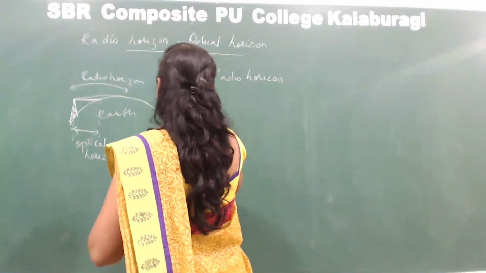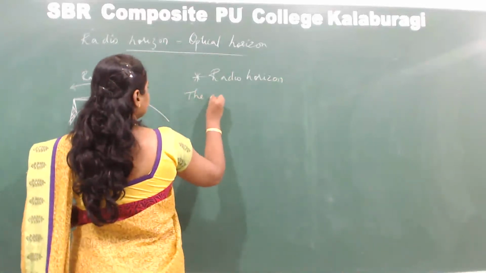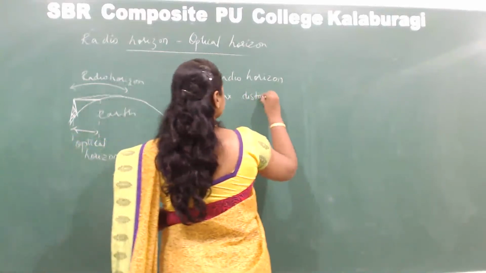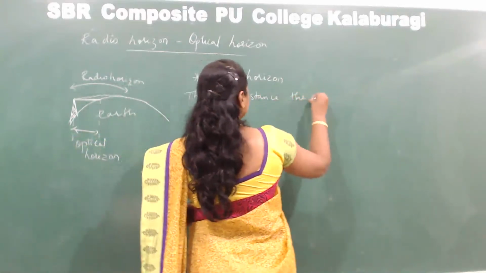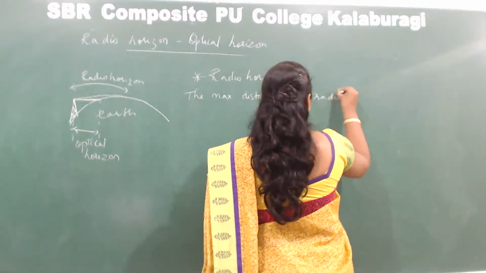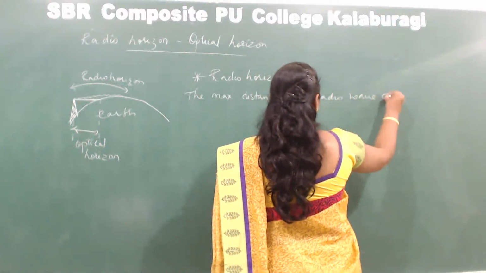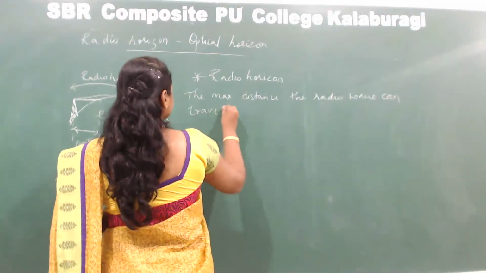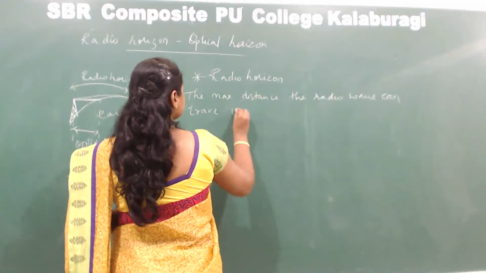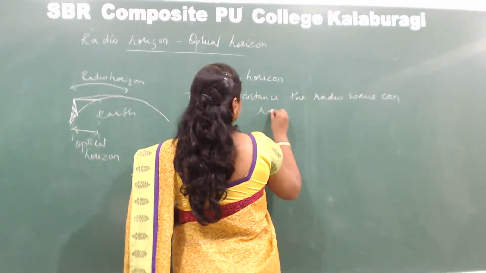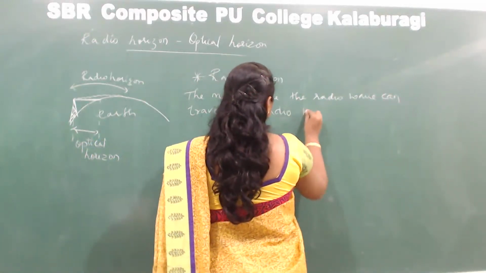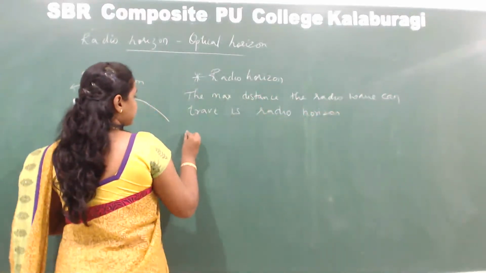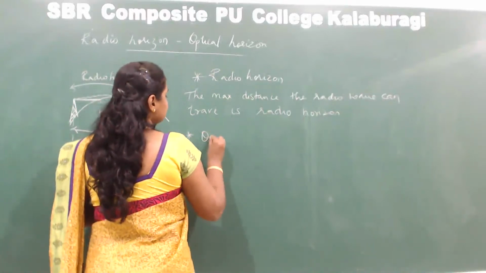So what is radio horizon? The maximum distance the radio wave can travel is radio horizon. Whereas, what is optical horizon?